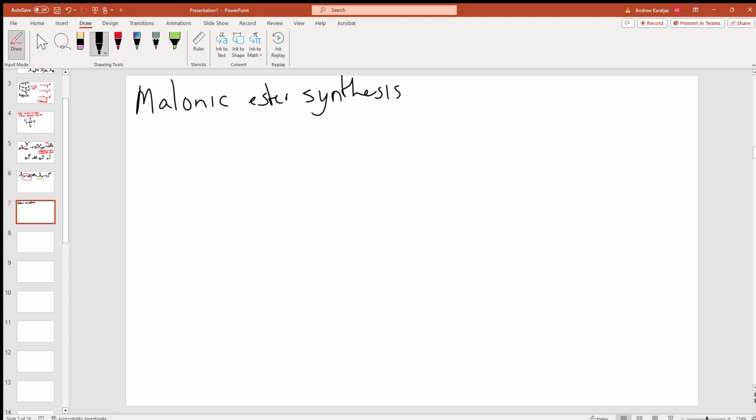The malonic ester synthesis is used when we essentially want to do an alkylation of acetic acid. And the reason that we need this reaction is a typical alkylation is an alpha substitution reaction.